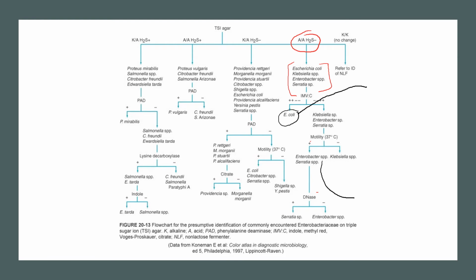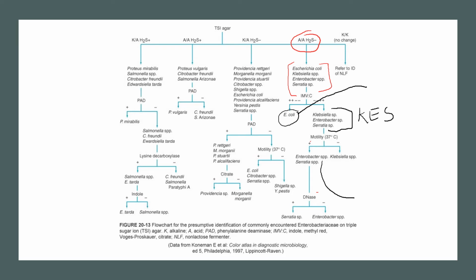We learned that the first test that may separate this group is what we call the IMViC, which stands for indole, methyl red, Voges-Proskauer, and citrate. The IMViC reaction for E. coli would be positive for indole, positive for methyl red, negative for Voges-Proskauer, or VP, and negative for citrate, while it's completely opposite for the KES.